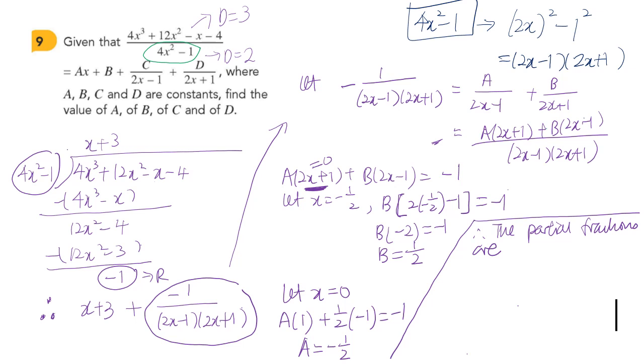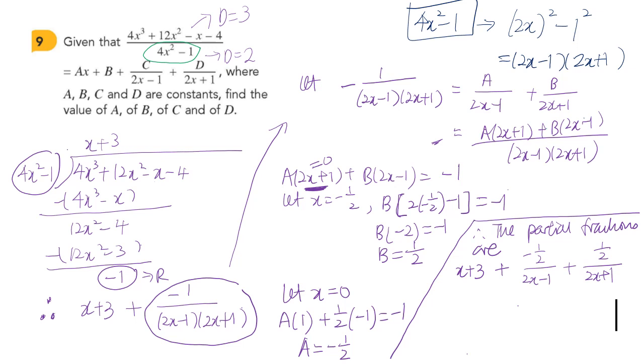So therefore, the partial fractions are x plus 3 plus, over 2x minus 1, my A. So my A is negative half. And then my B is half.